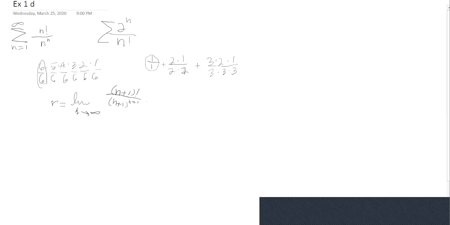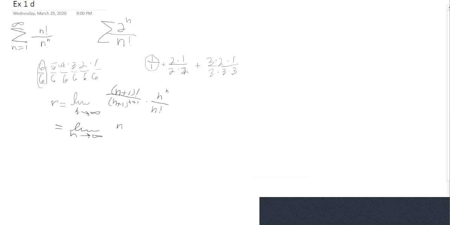And then it'll be times, we'll have n to the n and an n factorial underneath. And you can ignore the absolute values because this is a positive term, all of this is positive. Okay, so now let's see where this takes us, and the limit as n goes to infinity.